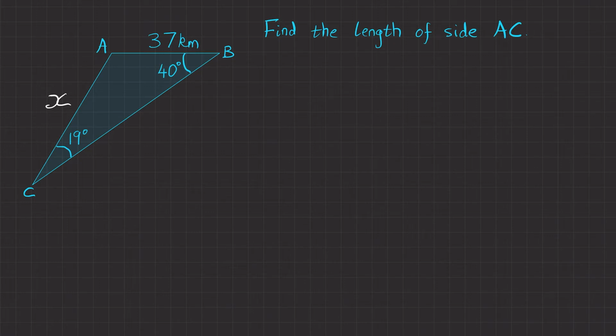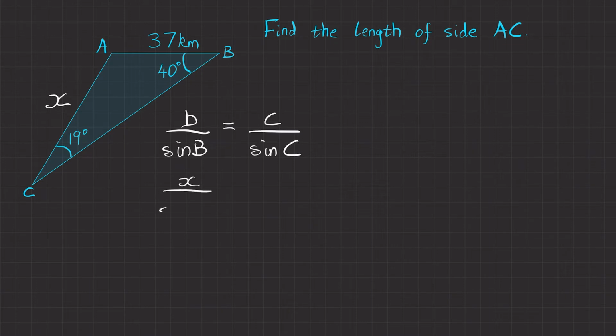And because we're trying to find the side, I'm going to write the lowercase letters, or the sides, on top of the formula, and the angles on the bottom. So we have side B over sine of the angle B equals C over sine of the angle C. Substitute in the values, so we'll have X over sine of the angle B, which is 40, equals side C, which is 37, over sine of the angle C, which is 19.